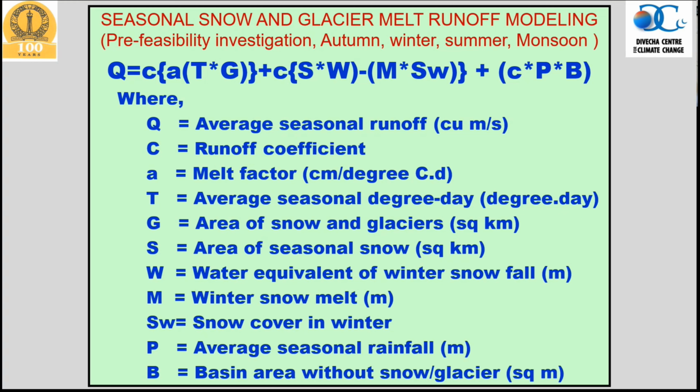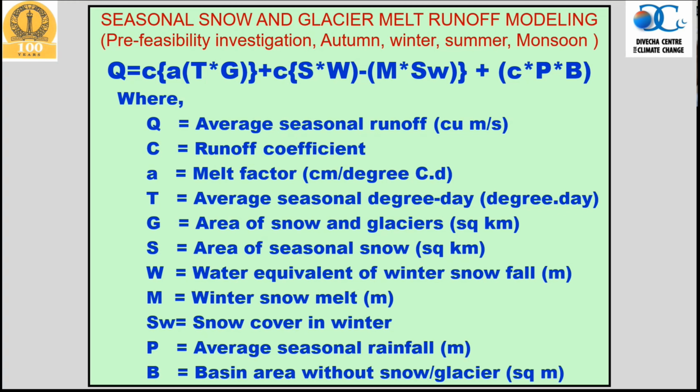So Q, which is the average seasonal runoff, depends upon runoff coefficient, then melt factor, temperature, then area of snow and glacier, area of seasonal snow, water equivalent of winter snowfall, winter snowmelt, and these are the parameters you will work with.